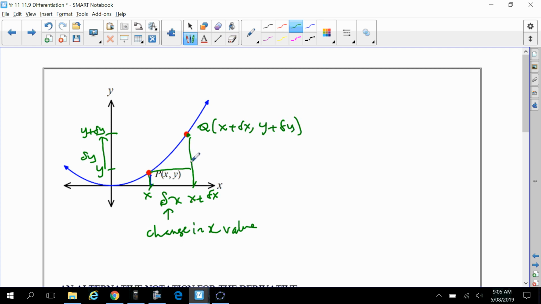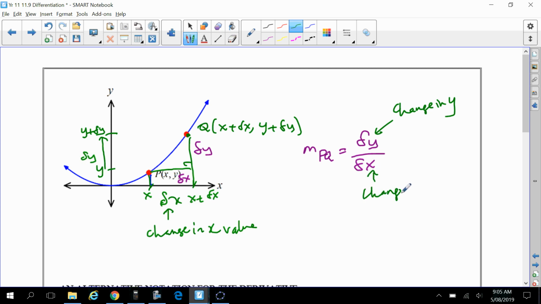And if you do rise over run, then the gap between them is delta y over delta x, right? So the gradient of PQ is delta y over delta x, which is simply the rise over run formula. Change in y over change in x. Very good.